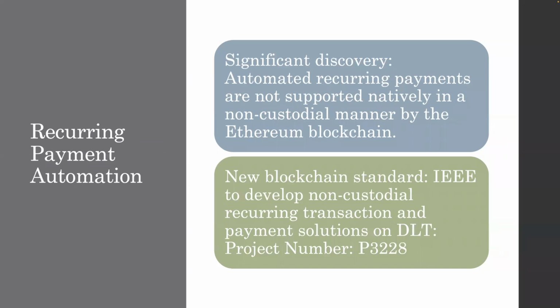A significant part of our research work involved the discovery that automatic recurring payments are not supported natively in a non-custodial manner by the Ethereum blockchain, which means that even though we have managed to automatically record monthly the accrual side of the transaction, which is the rights and obligations, in order to make a payment, you would need to monthly access your digital wallet.